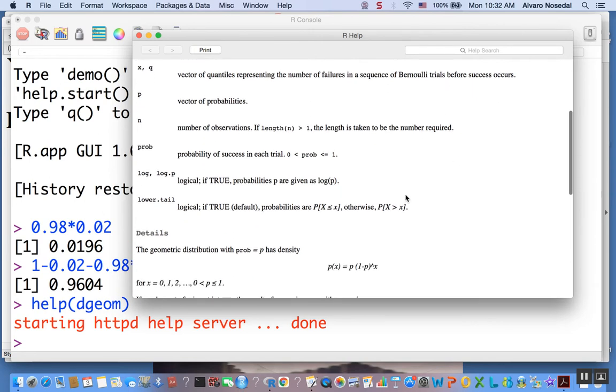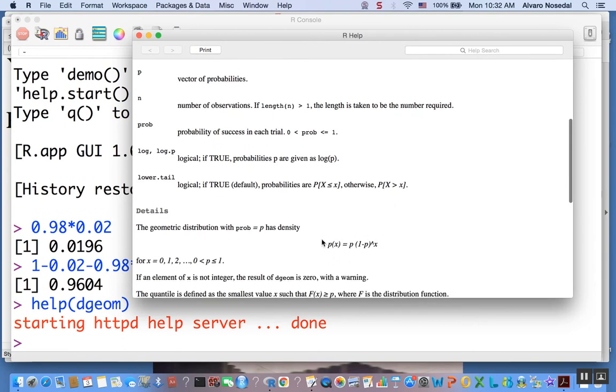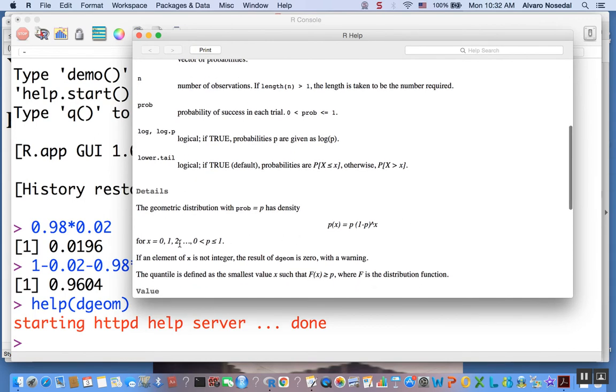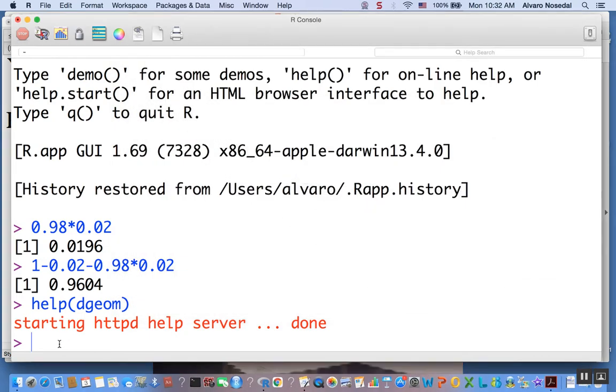That's why the expression for the probability mass function looks slightly different, and that's why the support is different as well, because x represents number of failures, not number of successes. So just taking that into account, if we're careful, we should be able to find that probability that we found by hand.